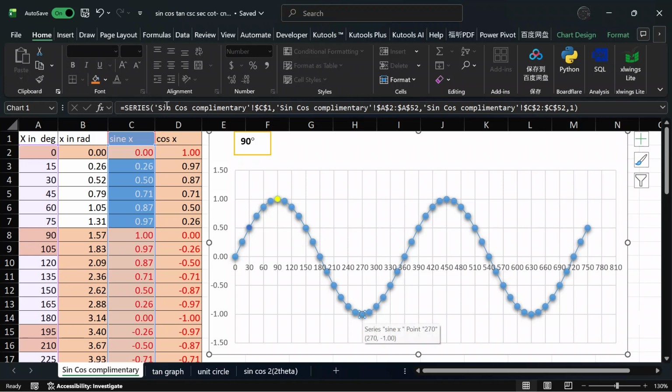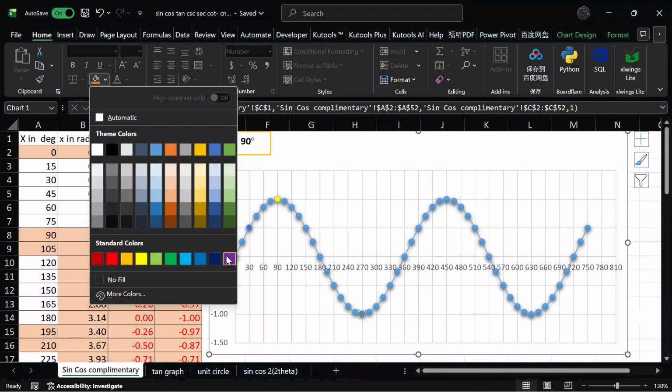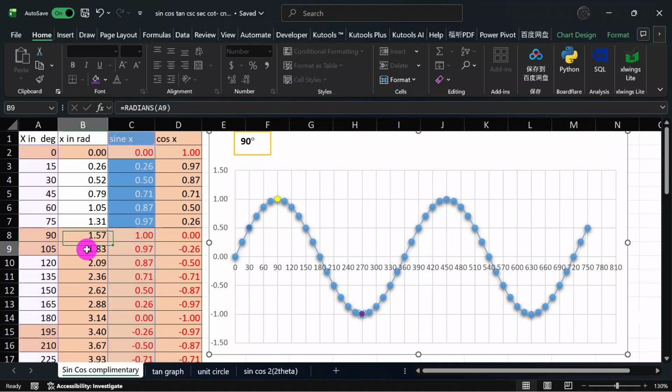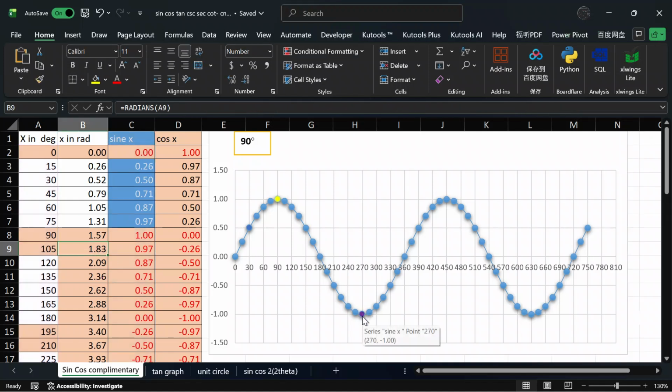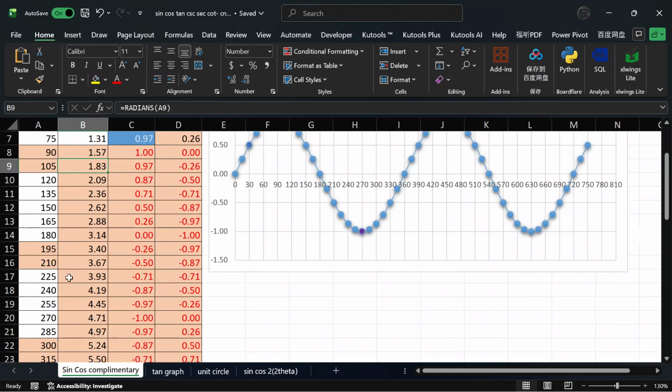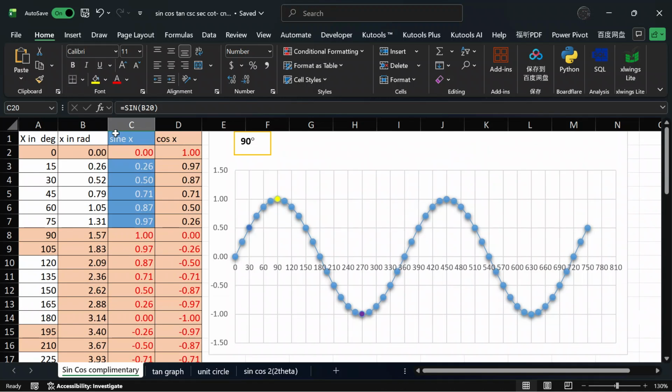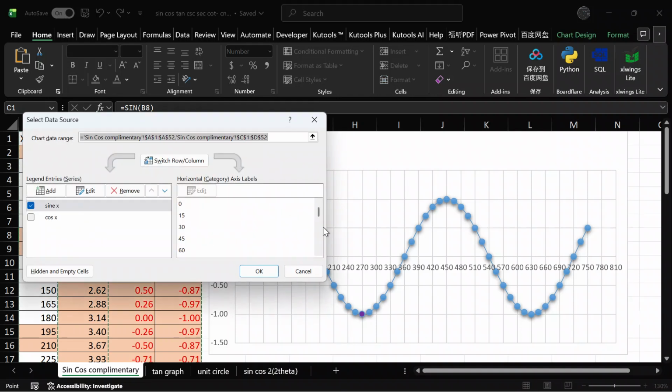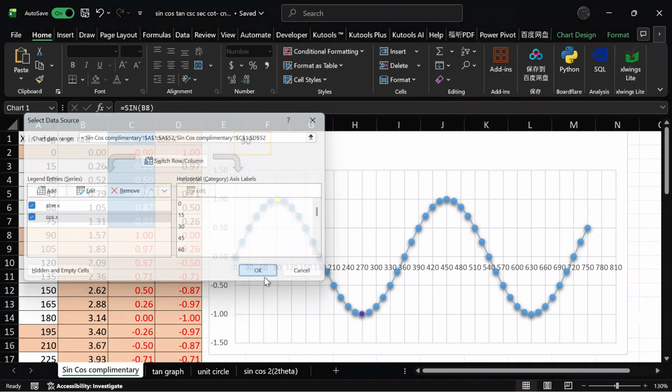And so we can give it a little flavor, maybe fill with a pink color, so you can see at 270 degrees we have a negative value. It's pretty much the same for y, the difference I'll explain later.